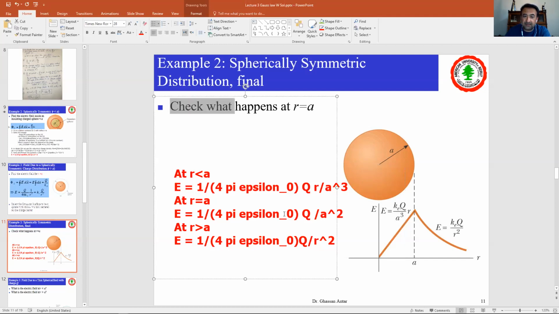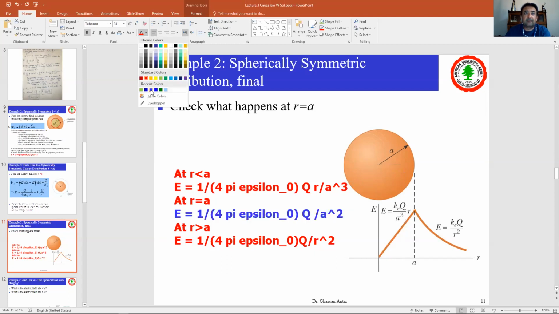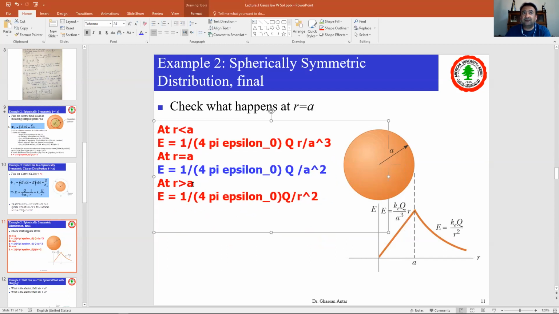Right? So this is my first answer. Now, what happens if I use the second formula at R greater than A? All you need to do is put A instead of R, and I'm left with exactly the same equation.